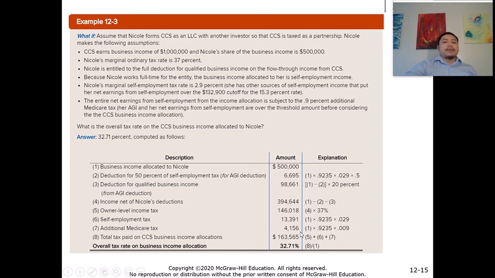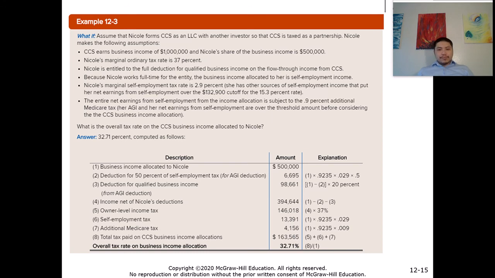And then from there we can calculate the total tax paid on the income that she received from the business. So we add these three amounts together, and that gives us 163,565. The overall taxation is this number divided by the $500,000, which gives us 32.71%.